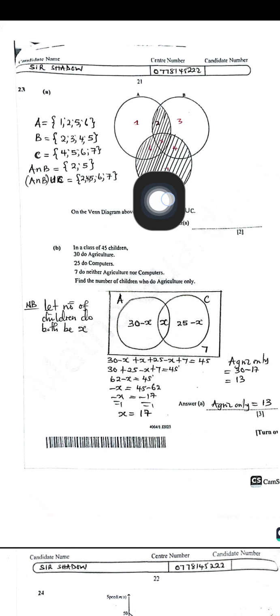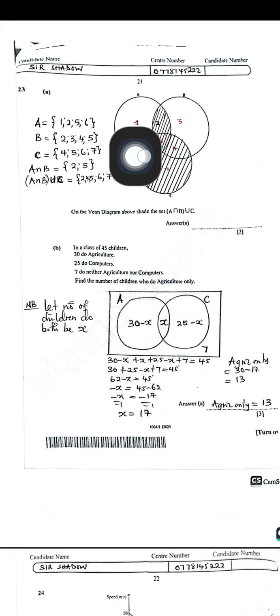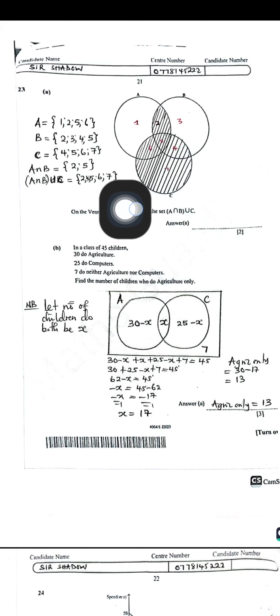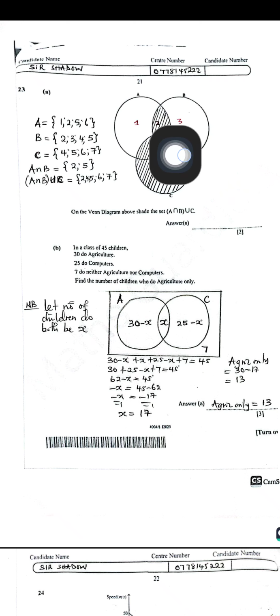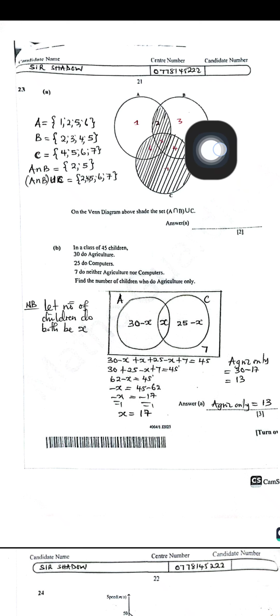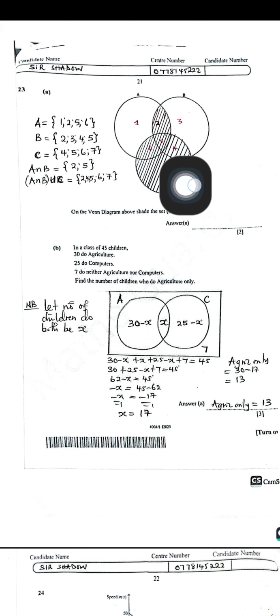So what you have to do is you just put your numbers. You can choose either to put numbers or letters. As for me, I love to use numbers. On each and every region you put a digit. Right here inside A, I put 1. Then the intersection, I put 2 right here. Then B, I put 3. Intersection of B and C, I put 4 here.